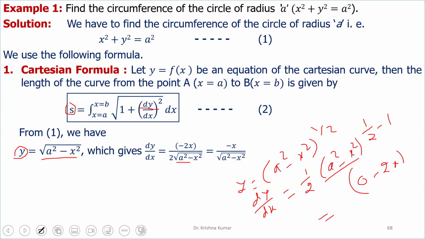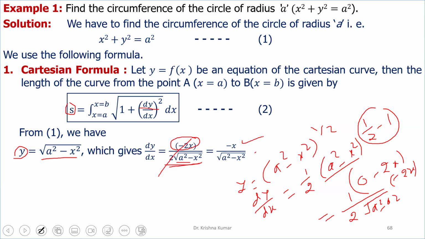Since 1 upon 2 minus 1 is minus 1 by 2, this goes to the denominator. So we have 1 upon 2 root over a square minus x square, times minus 2x. The answer is minus 2x upon 2 root a square minus x square. This is the derivative of y with respect to x. Now the 2 and 2 cancel, so we have minus x upon root a square minus x square.